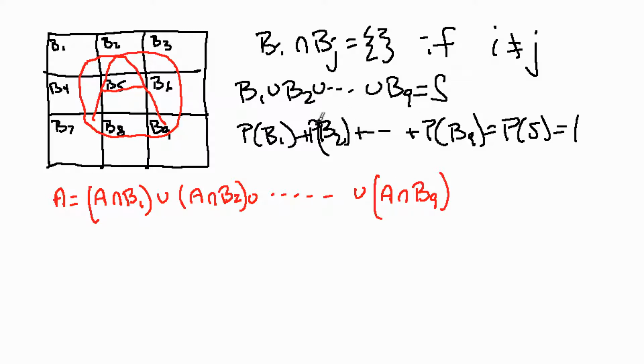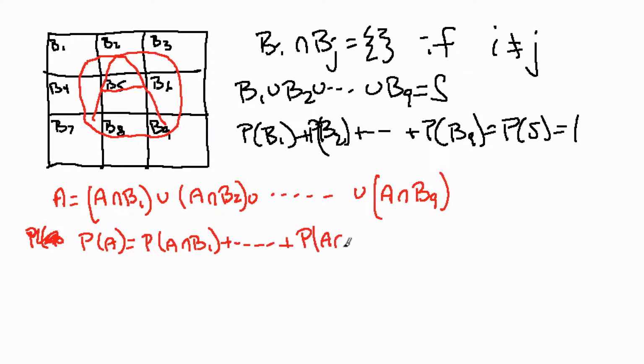Okay, so you'll notice a couple of things. Each one of these individual things here, they are disjoint. In other words, this set right here is disjoint from this set here, from this set here, from this set here. And so I could say that the probability of A is equal to the probability of A intersection B1 plus, up to, the probability of A intersection B9, like that.